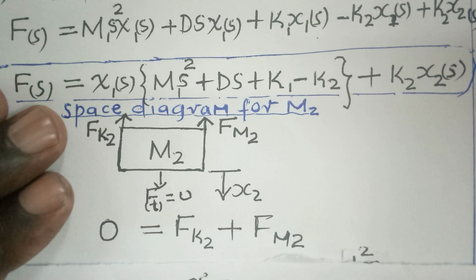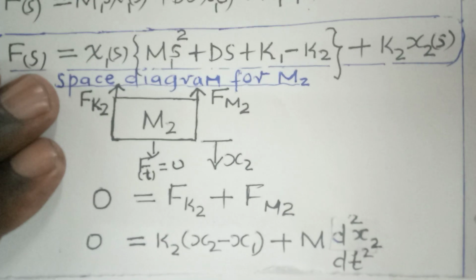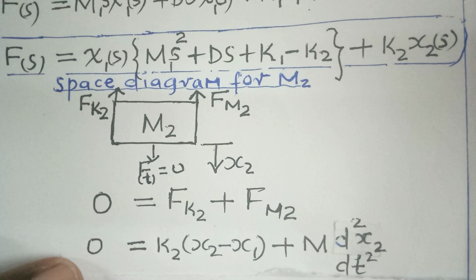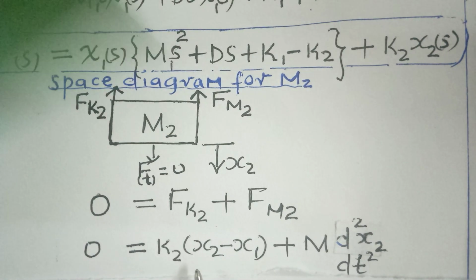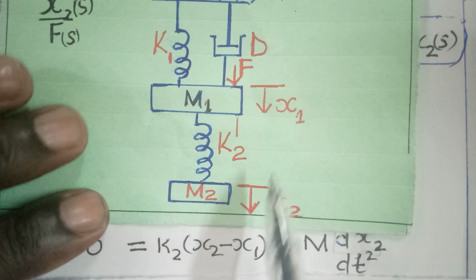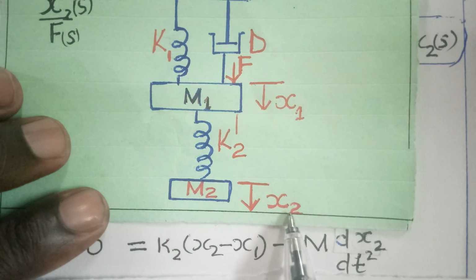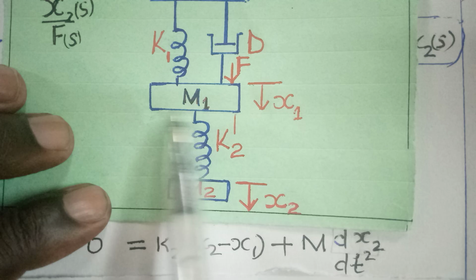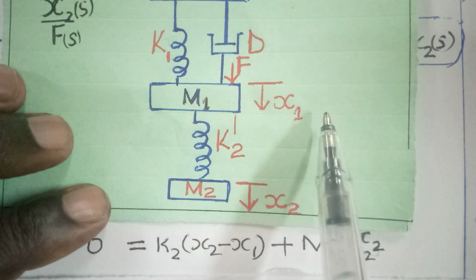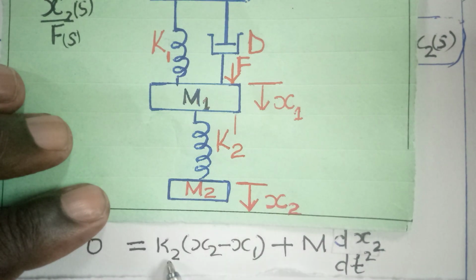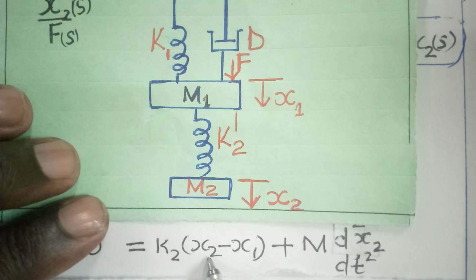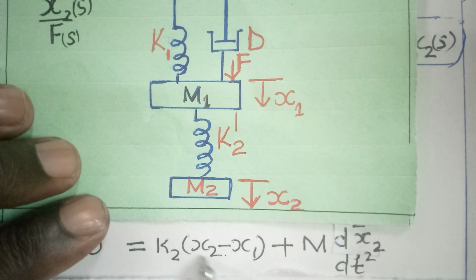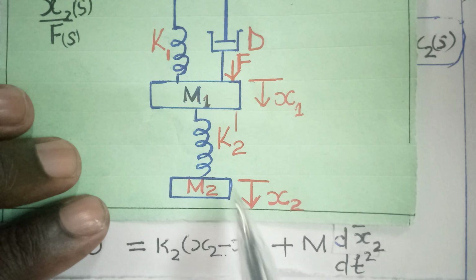We write now the differential equation. This is now going to be like this. We are going to have K2, as you can see here, K2. We have the extension x2, but since this is not fixed, we have x1. So we shall say K2, open the bracket x2 minus x1, because, guys, this is the extension of that spring.